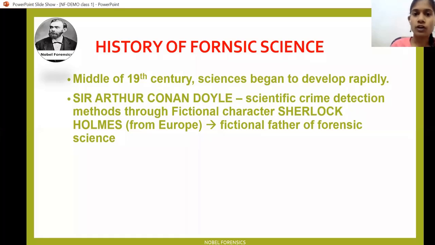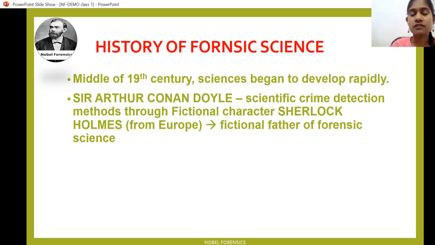But at that time, along with the development of science, the crime rate also increased, because criminals were using different scientific and modern techniques to commit crimes. This made it very difficult for criminal investigators to investigate those crimes. At the same time, Sir Arthur Conan Doyle, using a fictional character, Sherlock Holmes, started writing fictional stories solving crimes with scientific methods like using fingerprints and trace evidence.